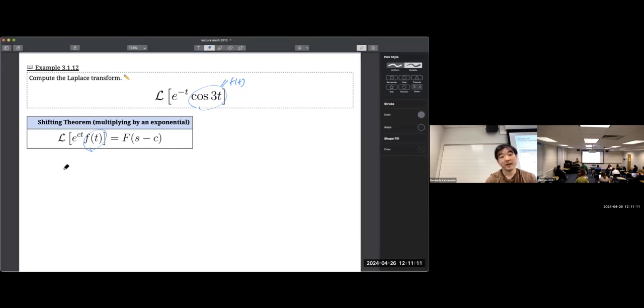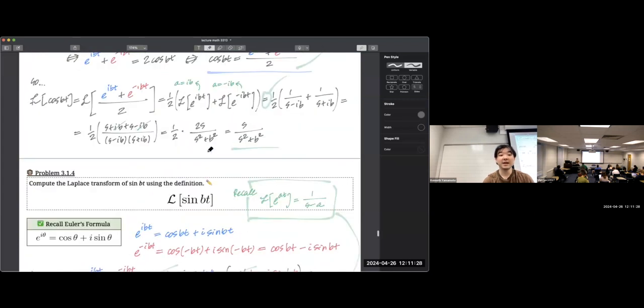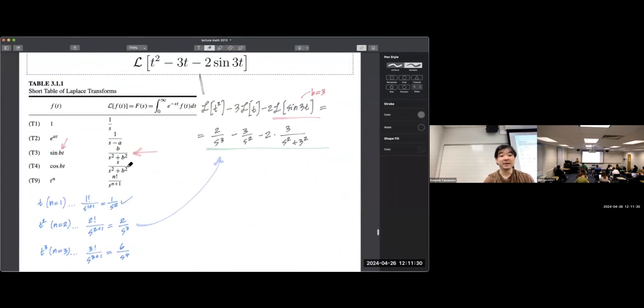The convention is that if you take a Laplace transform, it becomes capital F, and the transform variable is s. You're just going to take the Laplace transform of cosine of 3t, which we already did. It's like going back and looking at the table, this entry right here, but b will equal 3.